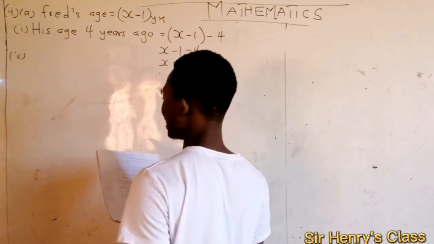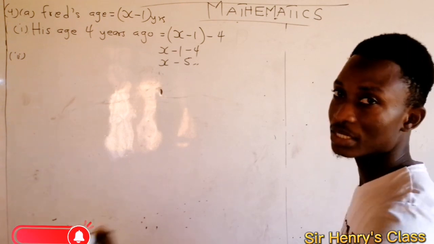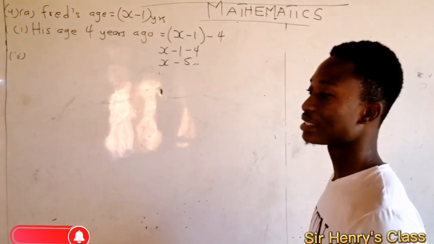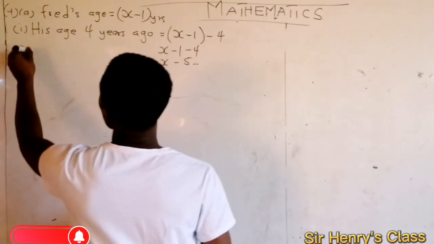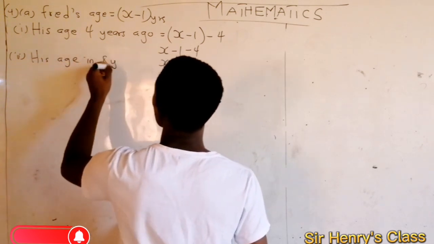How old will we be 8 years from now? 8 years to come. So if you are 10 years now, in the next 8 years you are 18. So you simply add 8 to the existing years. So his age in 8 years' time.